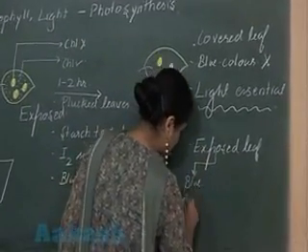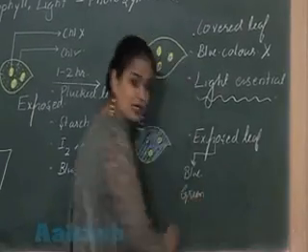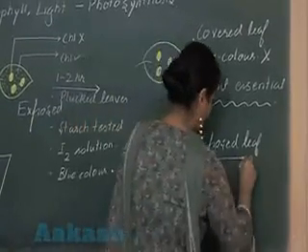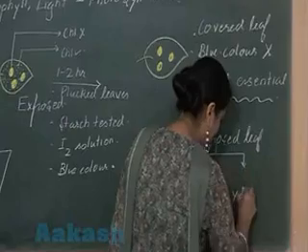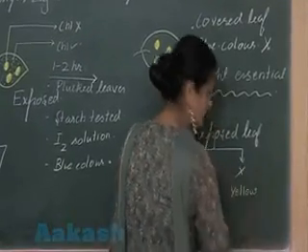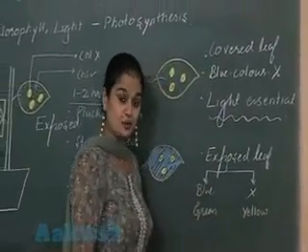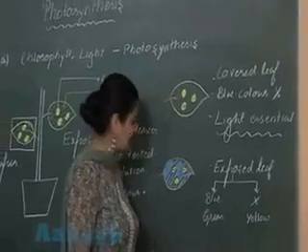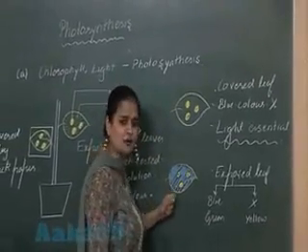The part which is green. Means where the chlorophyll is present, और जो yellow area है वहां पर blue color absent है. It means जो starch की formation हुई है, that is only in the presence of chlorophyll.